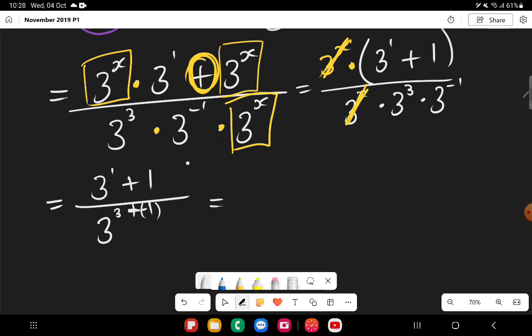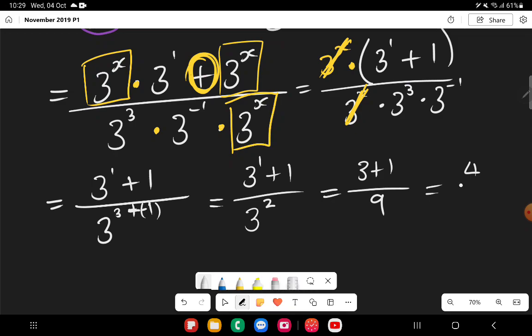So 3 to the power of 1 plus 1 divided by 3 to the power of 2. That's what we have. 3 plus minus 1 is 2. So 3 to the power of 1 is 3, plus 1, which gives us 4, divided by 3 to the power of 2, which is 9. So we have 4 over 9 as our final answer.